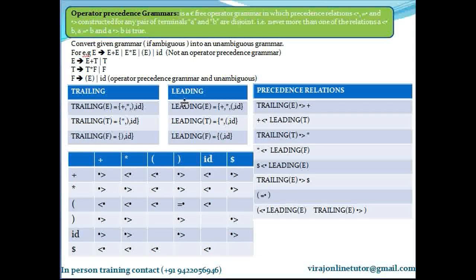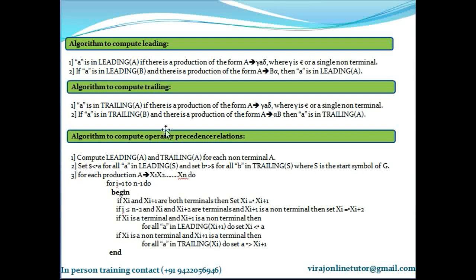So how to compute leading? Now let's learn how to compute leading. For leading computation, I will just take you all to this slide. There are two simple rules for computing leading. The first rule says, match for a production A gives gamma a delta.